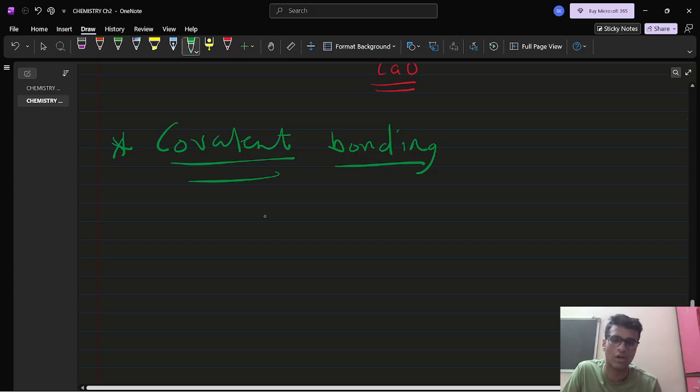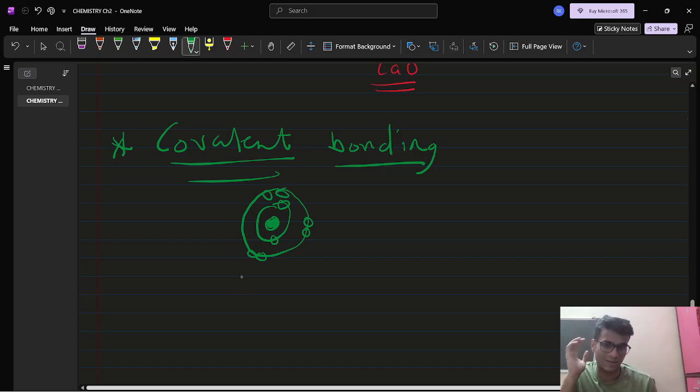So for example, अभी ऑक्सीजन मैंने बताया था. ऑक्सीजन कैसा है? 1 2, बीच में nucleus है. इधर 2 है. 1 2 3 4 5 6. Draw them. 1 2 3 4 5 6. This is an oxygen atom.